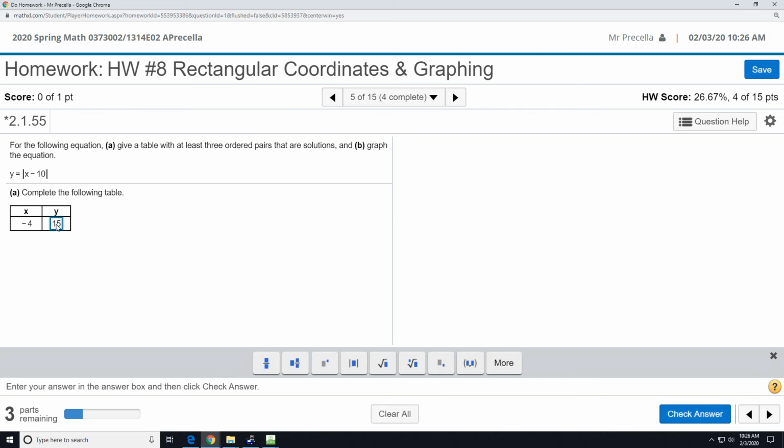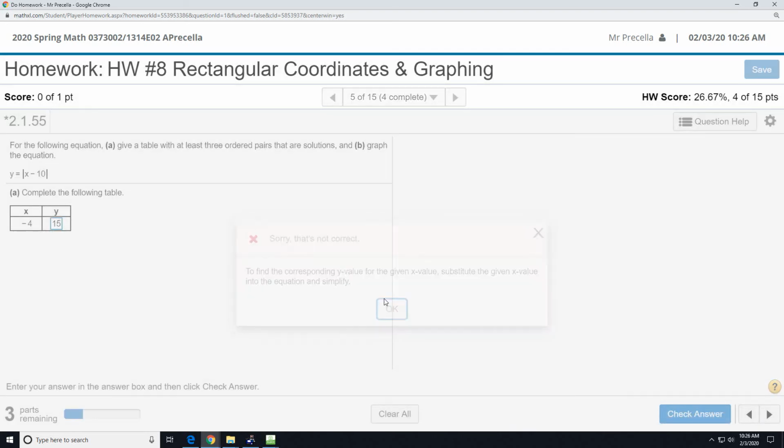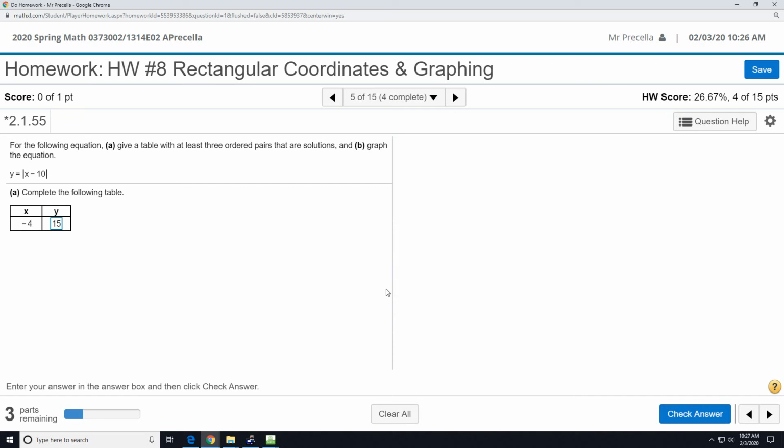Type 15 in there. Negative 14. Where the heck did I get negative 15? Negative 4 minus 10? Oh, wow. Okay, I'll put an X through it. You know what? I'm going to X it all out. That's funny.